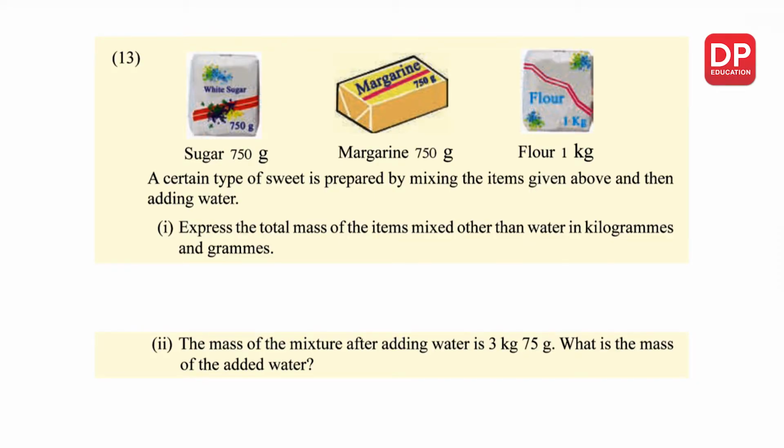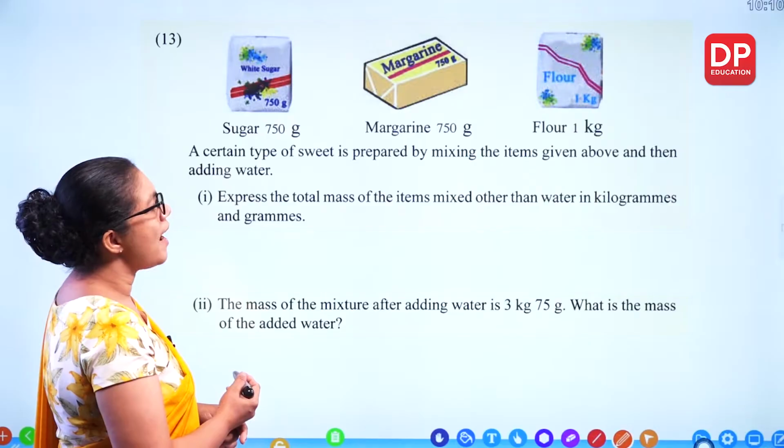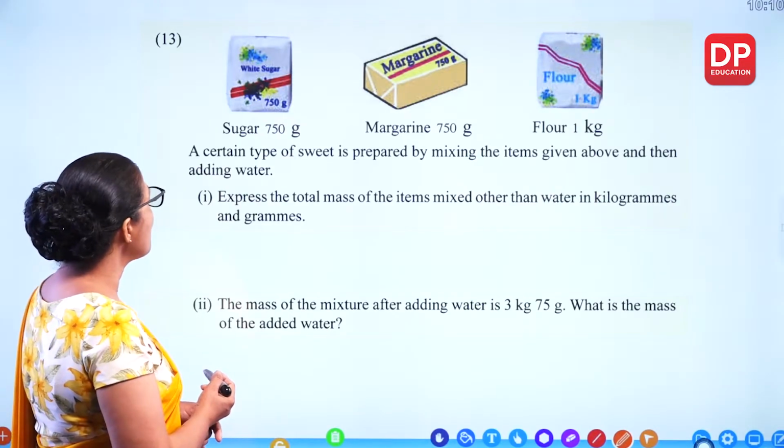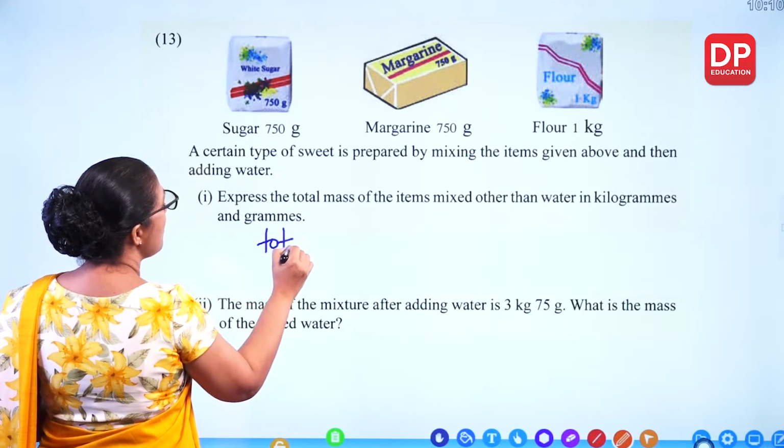Question number 13. A certain type of sweet is prepared by mixing the items given above and then adding water. Express the total mass of the items mixed other than water in kilograms and grams. So without water, we have to find the total mass.